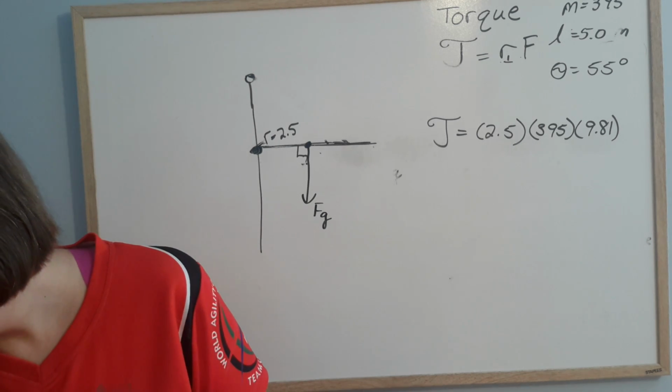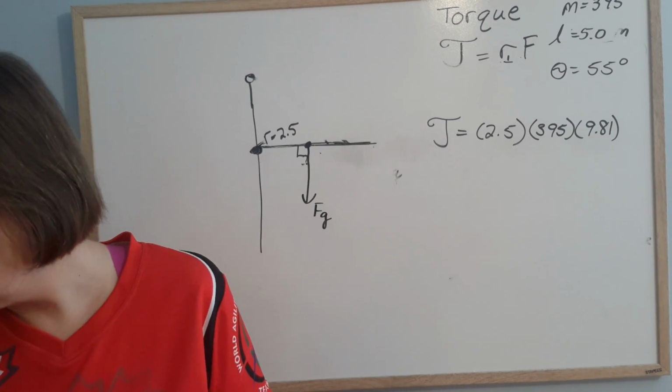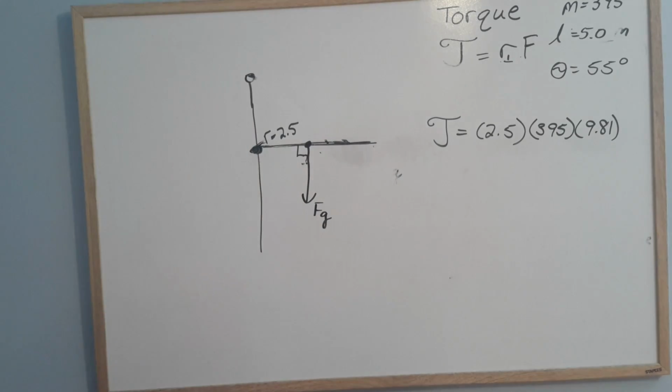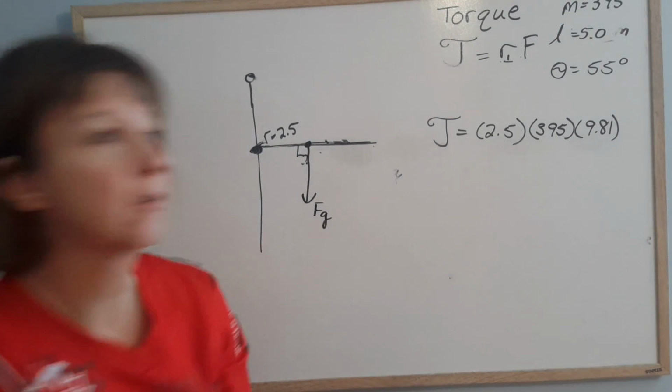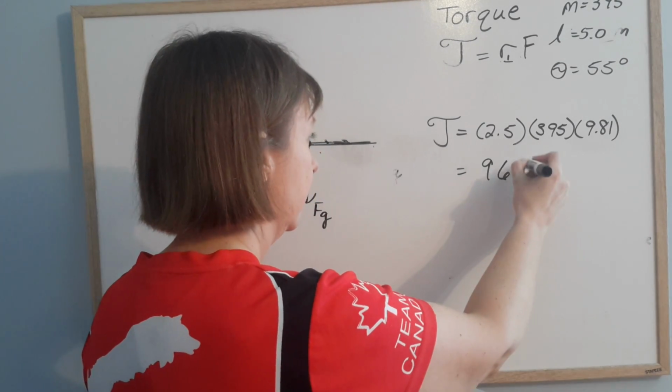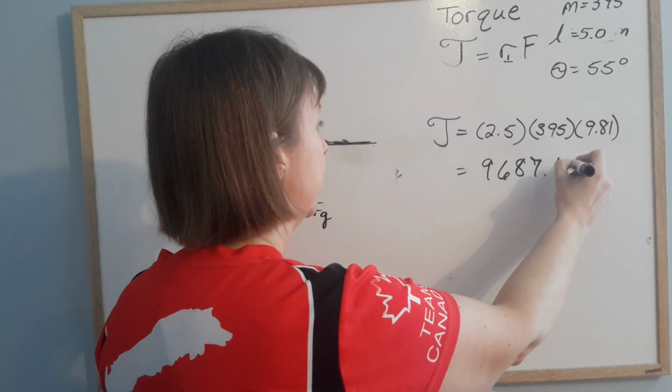And so when we do this, it works out to be, and I'm cheating, I'm not putting it in my calculator, I'm cheating and looking in the textbook, guys, sorry. They say it works out to be 9,687.4.